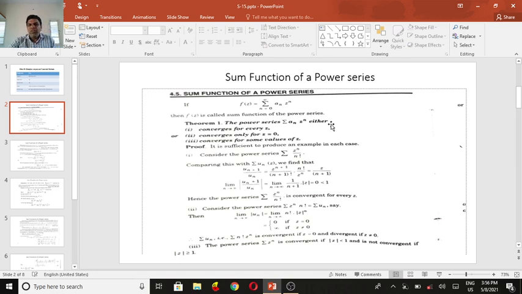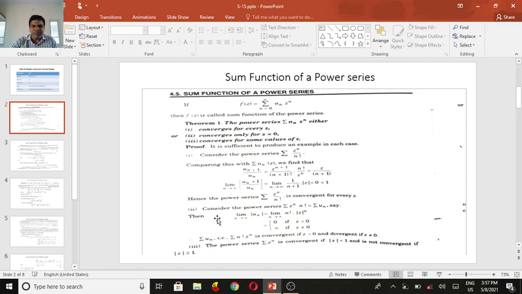If we take absolute values, the limit as n tends to infinity of the absolute value of u n plus 1 divided by u n equals the limit of 1 divided by n plus 1 times the absolute value of z. As n tends to infinity, this value is 0, and 0 is less than 1. Hence the power series z to the n divided by n factorial converges for every value of z.